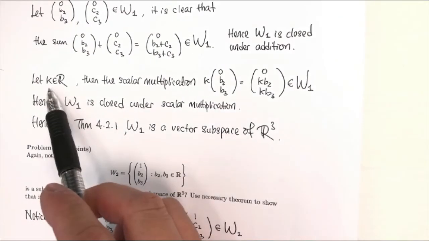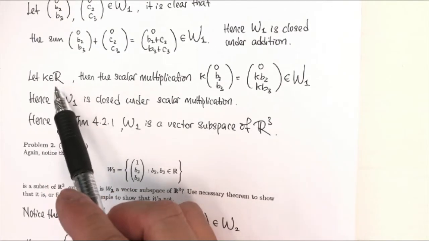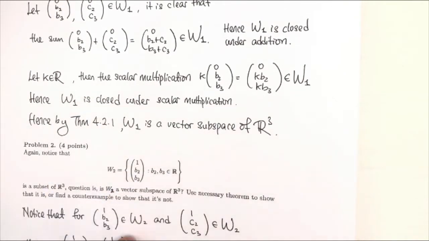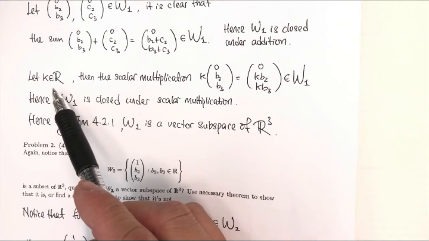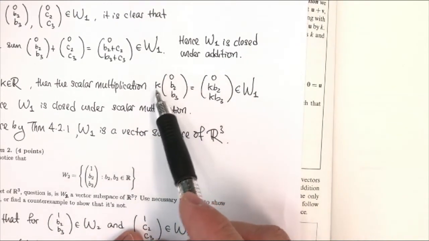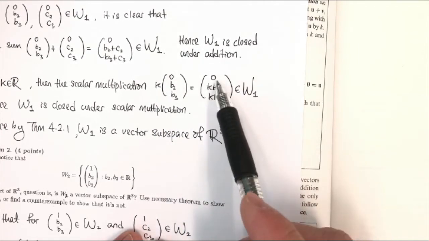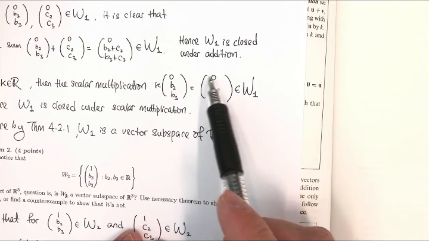Okay? So pick any real number. You cannot make a specific example of K. You cannot specify what K is. You just say, let K be an arbitrary real number. Then look at what happens to the scalar multiplication. If you take an arbitrary real number and multiply with this 3 by 1 column vector, this is by definition equal to the product (K0, KB2, KB3), and K0 is 0.